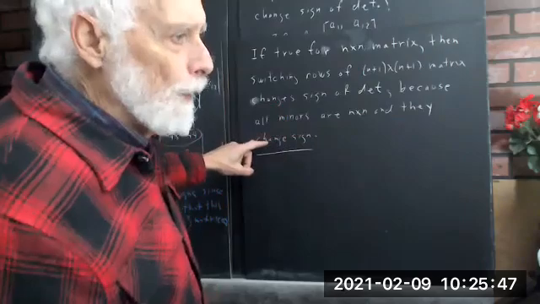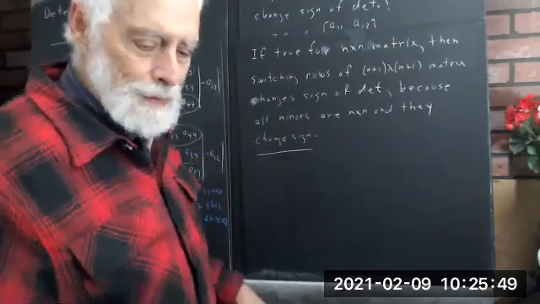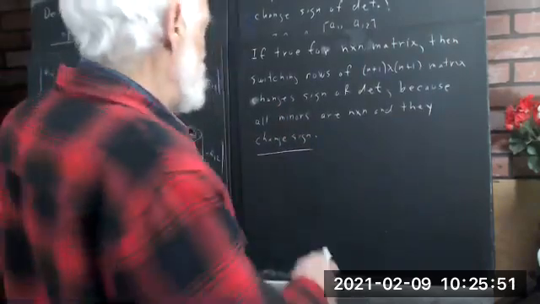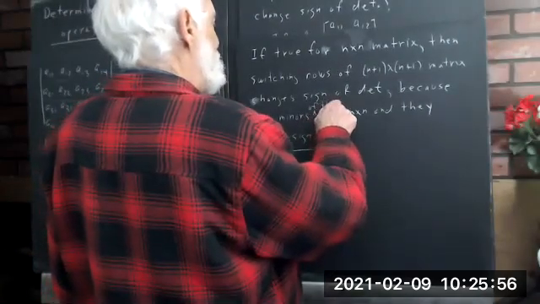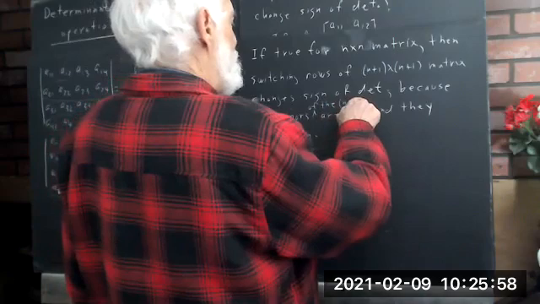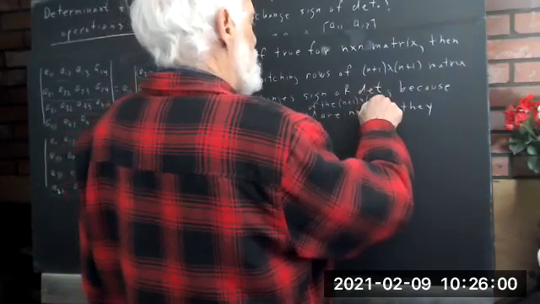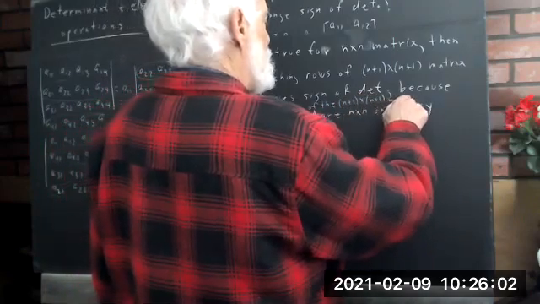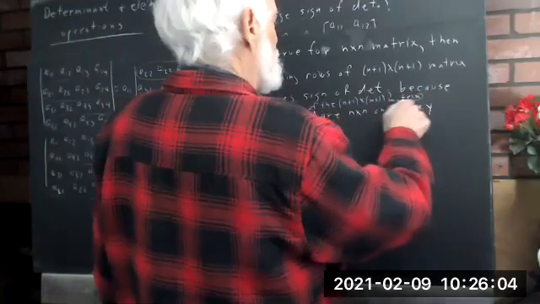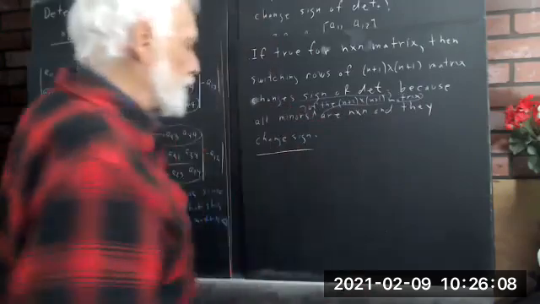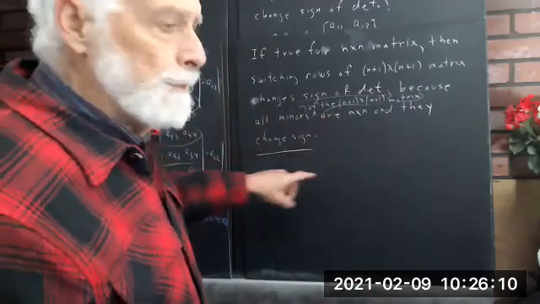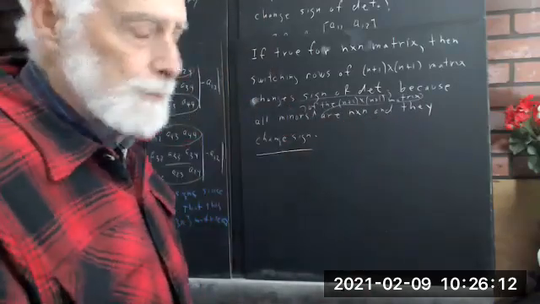Because all the minors of the n plus 1 by n plus 1 matrix, to be sure we know which matrix we're talking about, are n by n, and they all change sign.